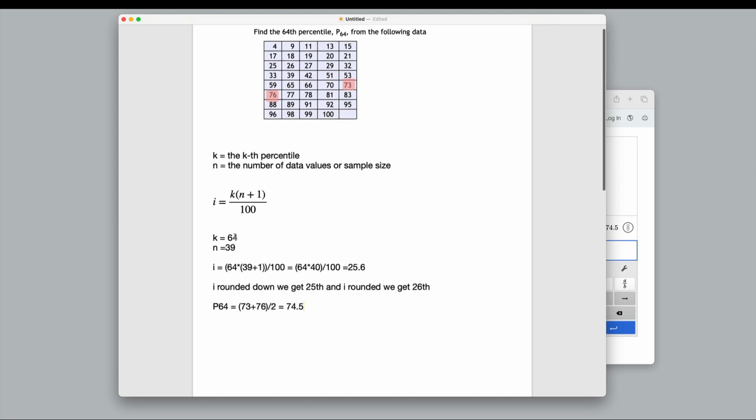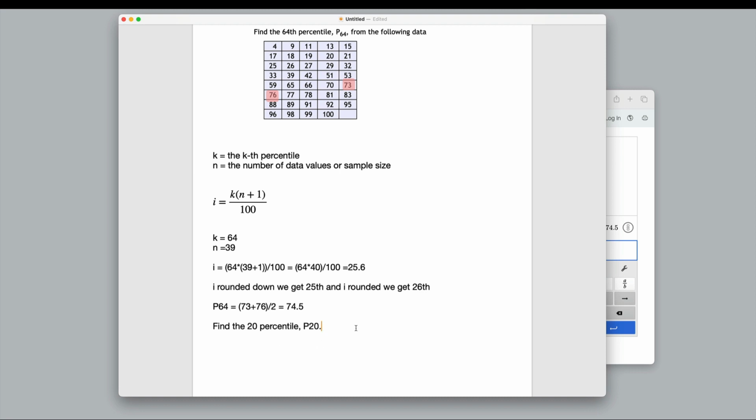I want to highlight another case here. Suppose we were asked to find the 20th percentile, in other words, P20, and we'll use the same data set. I wanted to show you this because our position i came out to be a decimal, and sometimes it becomes a whole number.